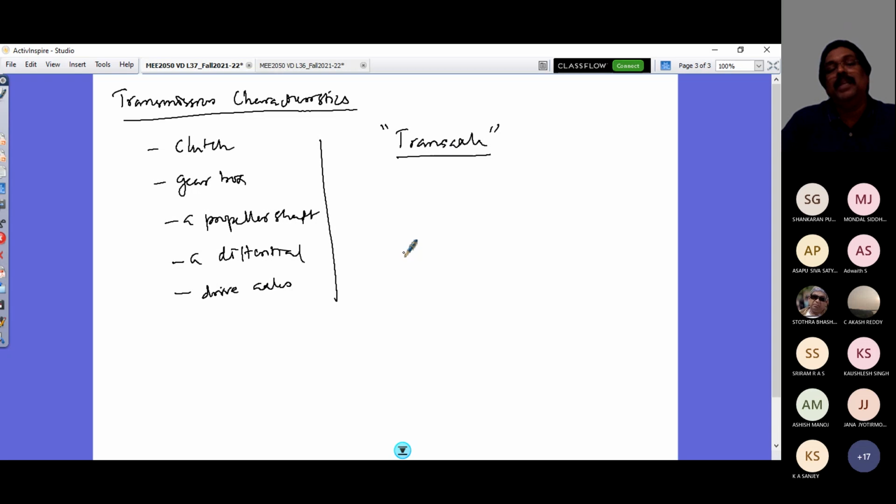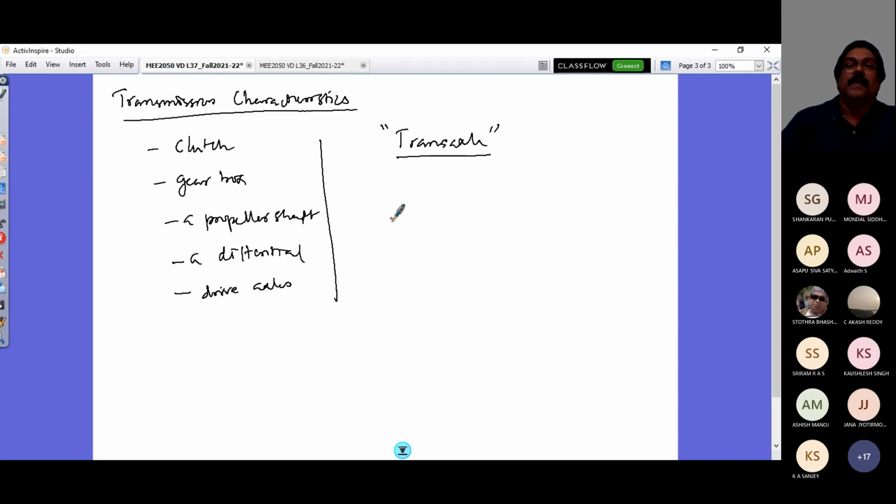But you can tap the engine speed as it is, whatever you get from its output, on your drive wheels, and that is what is direct transmission or no reduction drive. That is achieved by appropriate gearbox transmission design, right? And that would be achieved at the highest gear of your gearbox.